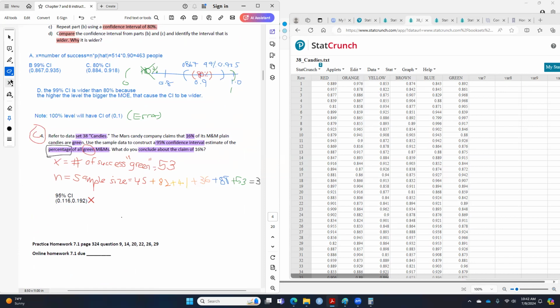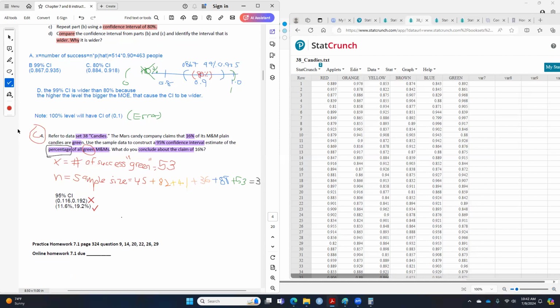This will be marked wrong because it is not in percentage. So the percentage will be 11.6% to 19.2%. So this will be the correct one. Okay. So the 95% confidence interval is between 11.6% and 19.2%.